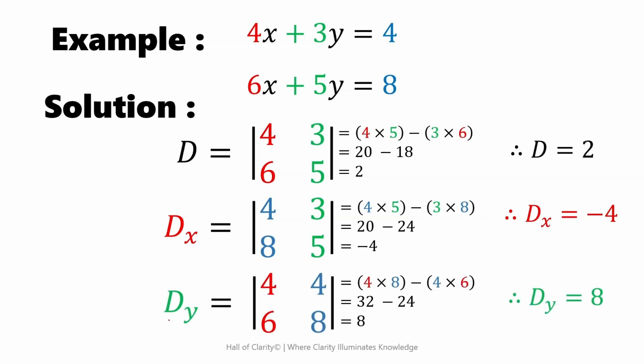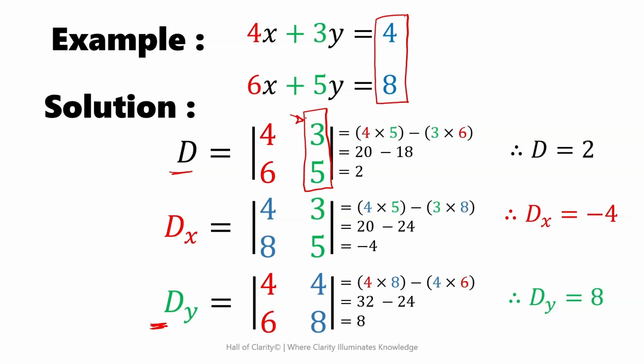Now we will write determinant Dy. This determinant Dy is written using our determinant D. To write determinant Dy, we replace the coefficients of y from both the equations with the constants, that is 4 and 8.